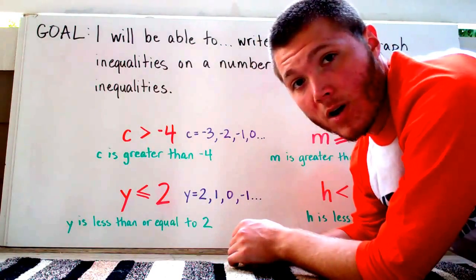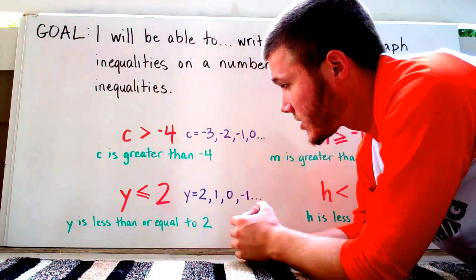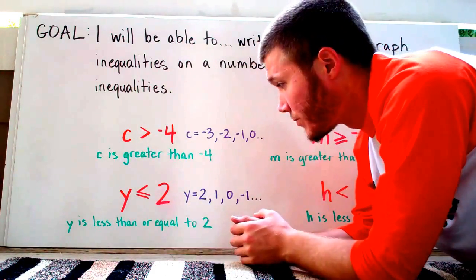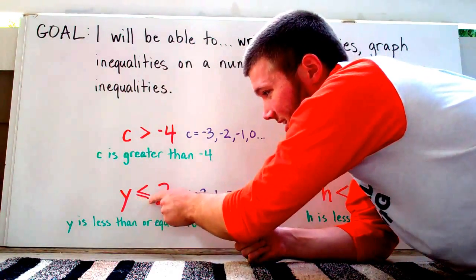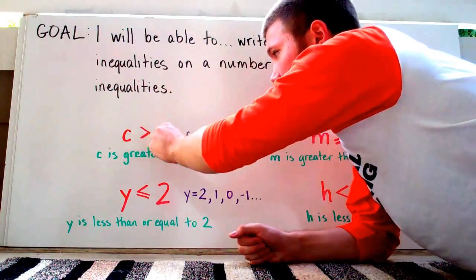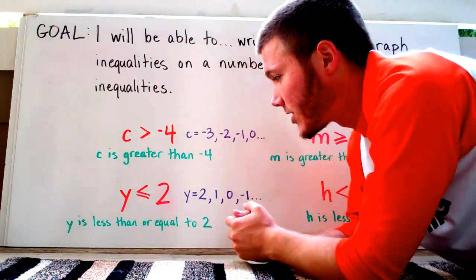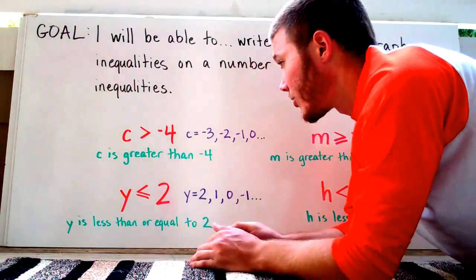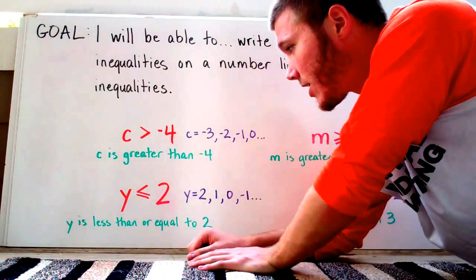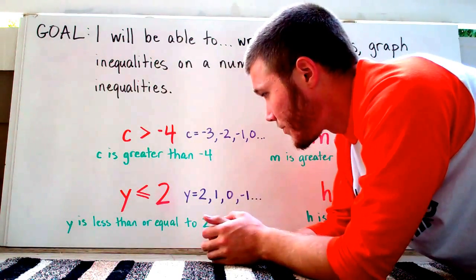Down here, all this means is y is less than or equal to 2. Whenever there's that line underneath that inequality sign, this little triangle looking alligator mouth, that means or equal to. So C is greater than, and y is less than or equal to 2.